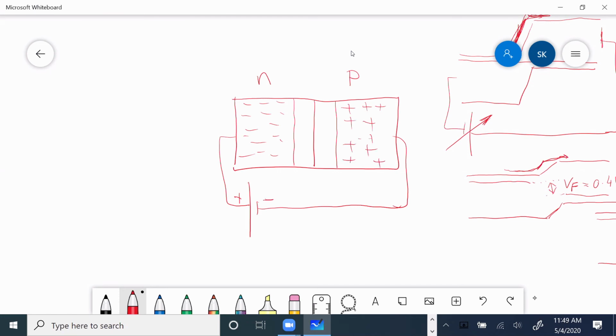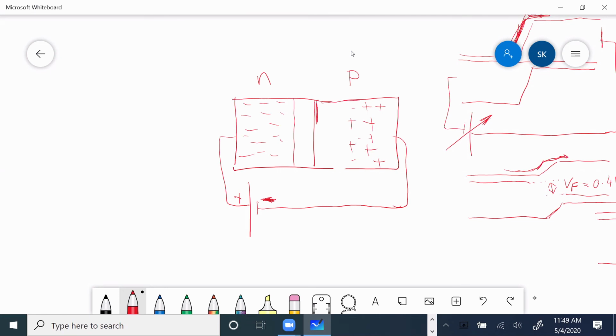Now this is negative, that's positive. Can you see that now that the unlike charges pull? That means because there is the negative pole of the battery here, all these holes will be attracted towards this, and therefore the depletion region will widen.